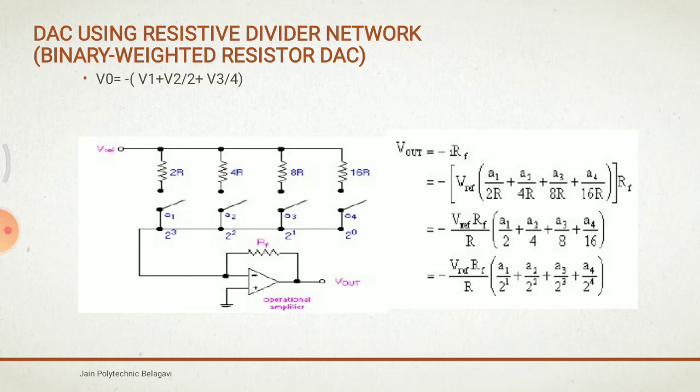The negative sign gives the analog output due to the connection of the summing amplifier, which is a polarity inverting amplifier. When the signal is applied to the inverting terminal of the amplifier, the polarity of the signal is reversed. A plus input becomes negative, or vice versa.